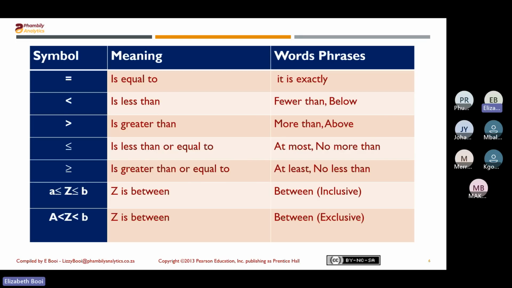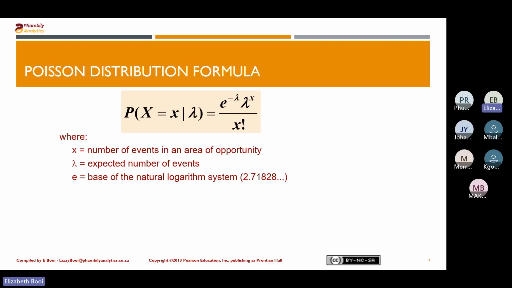You need to know how to link those words to the meaning of less than or equal, greater than or equal, or between. And when it talks about between, whether it is between inclusive or between exclusive. Inclusive means there is an equal sign to it. Exclusive means there is no equal sign.